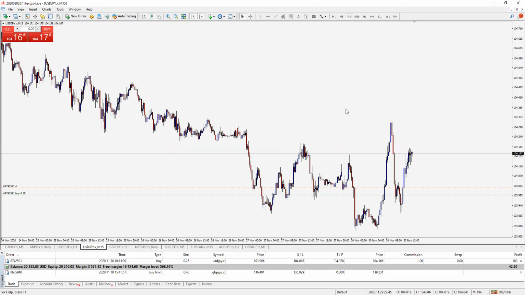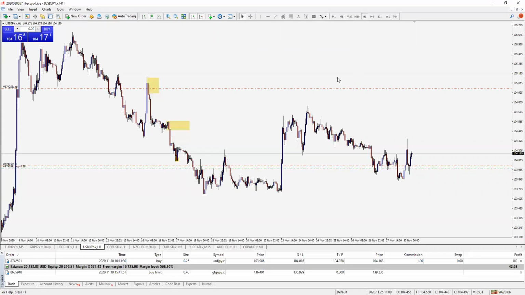I would like to explain the reason I show you this, not just to show that I'm in a profit. First, we have this demand that I think we mentioned in the last trading room a few days ago. I would consider this reaction as a touch for this demand here.